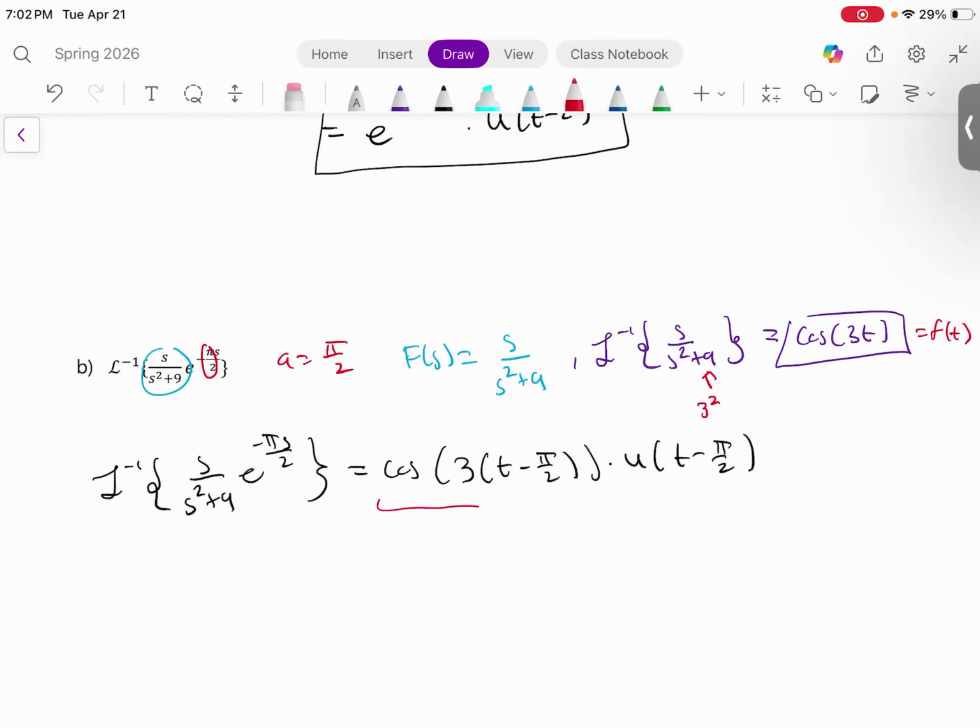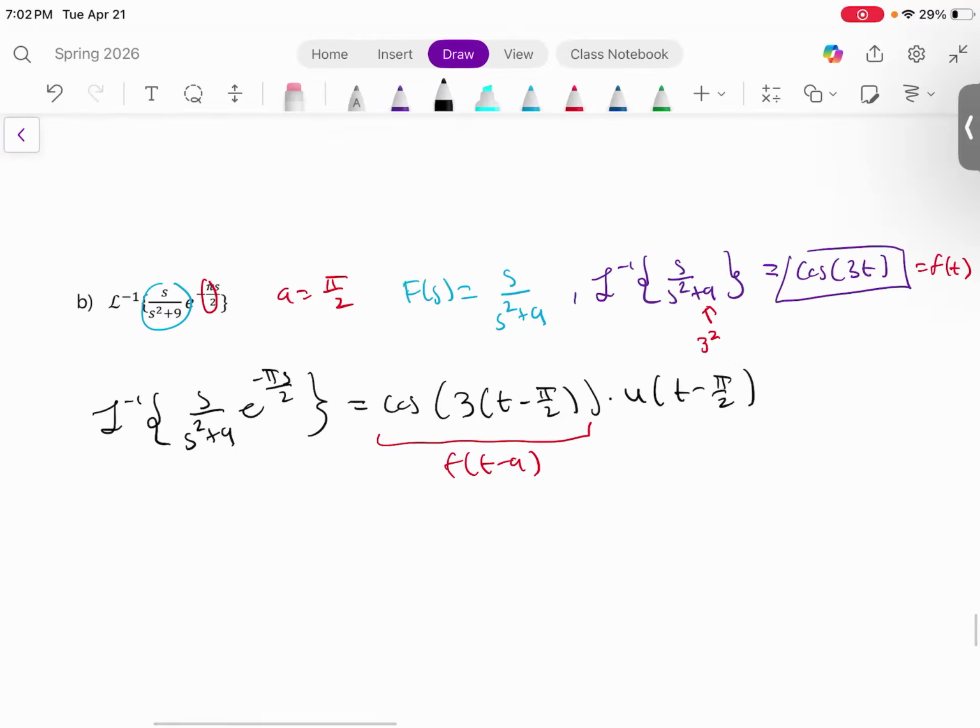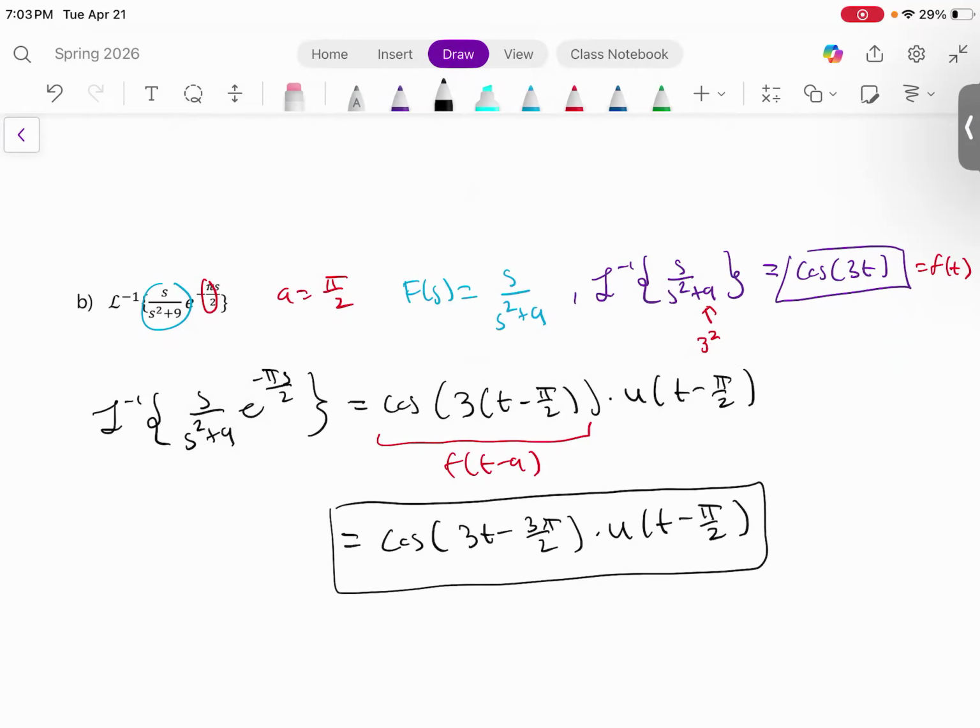Once again, this is like f of t minus a. So I'm inputting t minus a into my function: wherever t is, plug in t minus pi over 2. This is correct. We could clean it up if you want, like cosine of 3t minus 3 pi over 2 times the unit step function of t minus pi over 2, but that's essentially how we would do this problem.